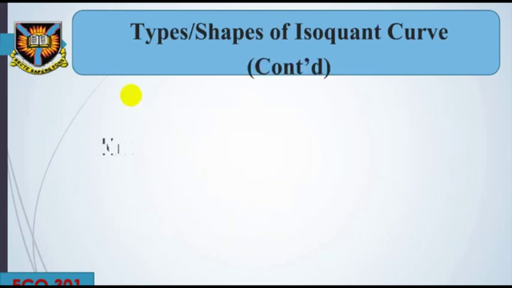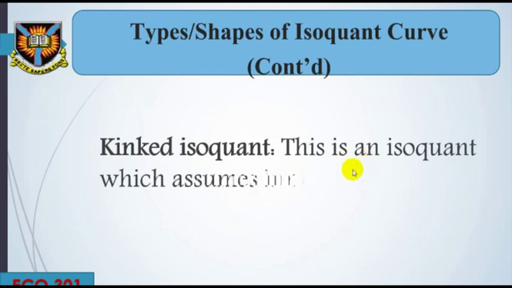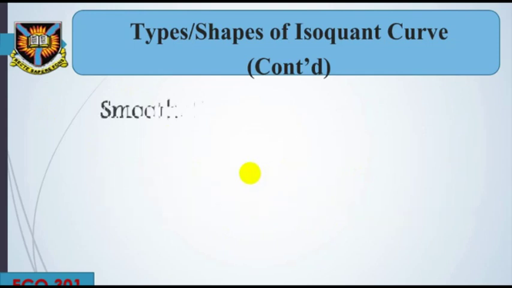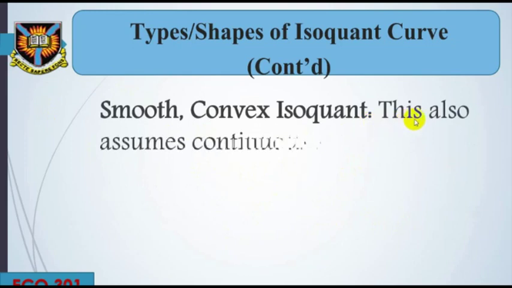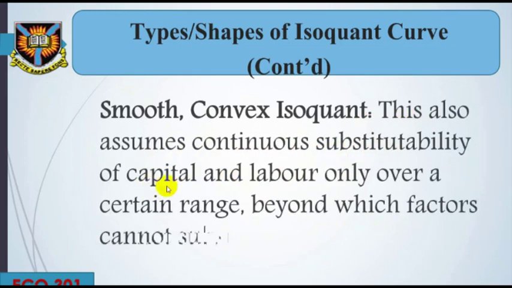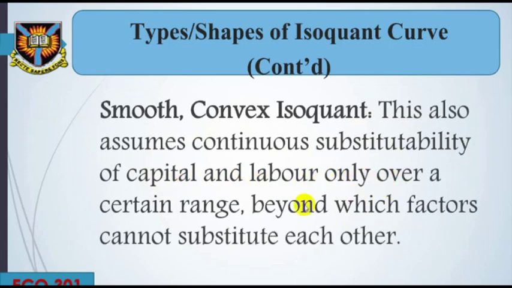Kinked isoquant. This is an isoquant which assumes limited substitutability of capital and labor. 4. Smooth convex isoquant. This also assumes continuous substitutability of capital and labor only over a certain range, beyond which factors cannot substitute each other.